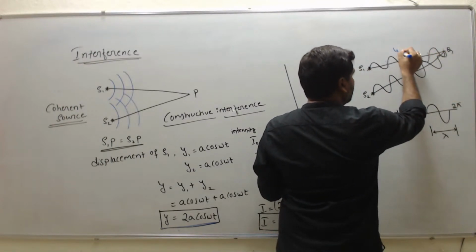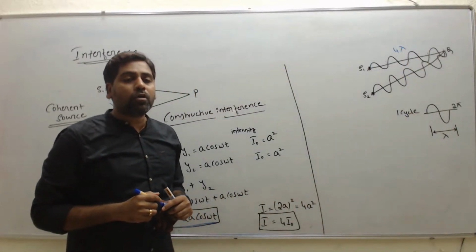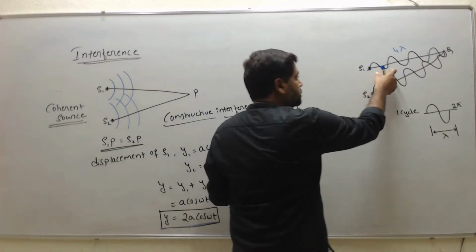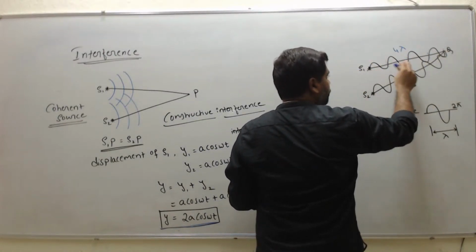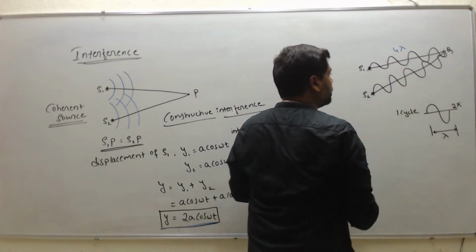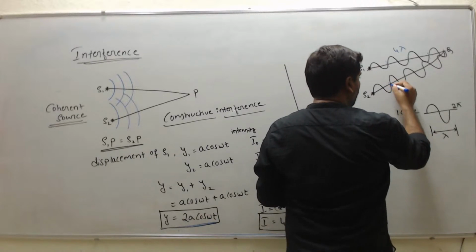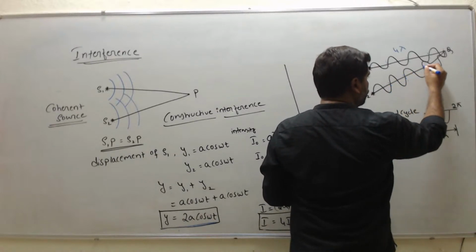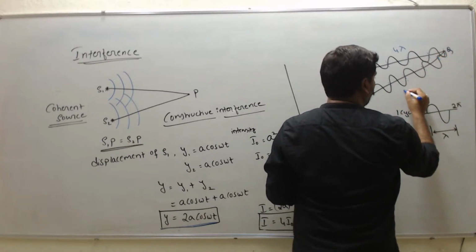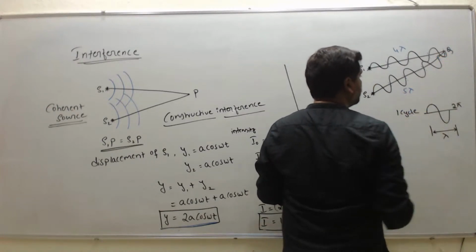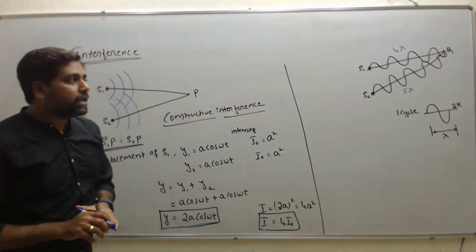So the path length from S1 to Q is 4 lambda. In a similar way, for the source S2, here it is 1, 2, 3, 4, and it is 5 lambda. The path length of the second wave is 5 lambda.